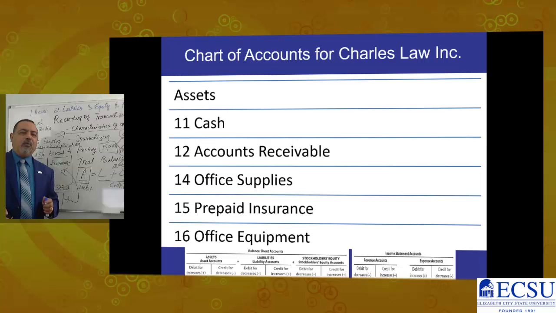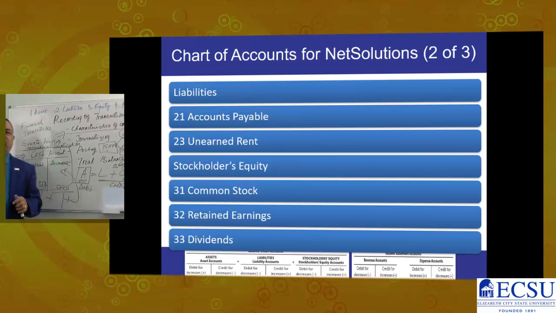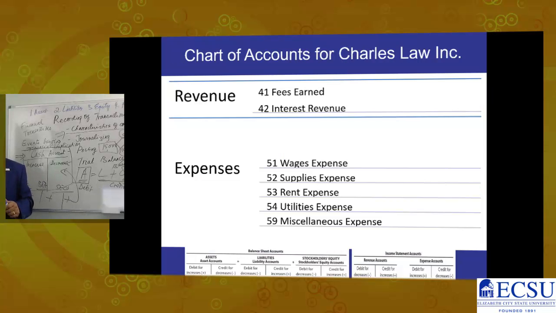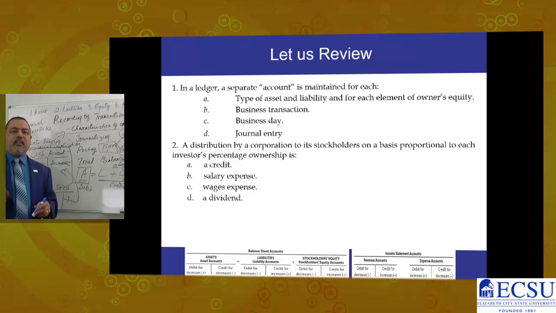So that's how we decide on the digits. But remember that all assets will start with 1. And the liabilities, as you can see, have started with 2. Stockholders' equity have started with 3. And revenues have started with 4. And the expenses have started with 5. So that's how we organize your chart of accounts.